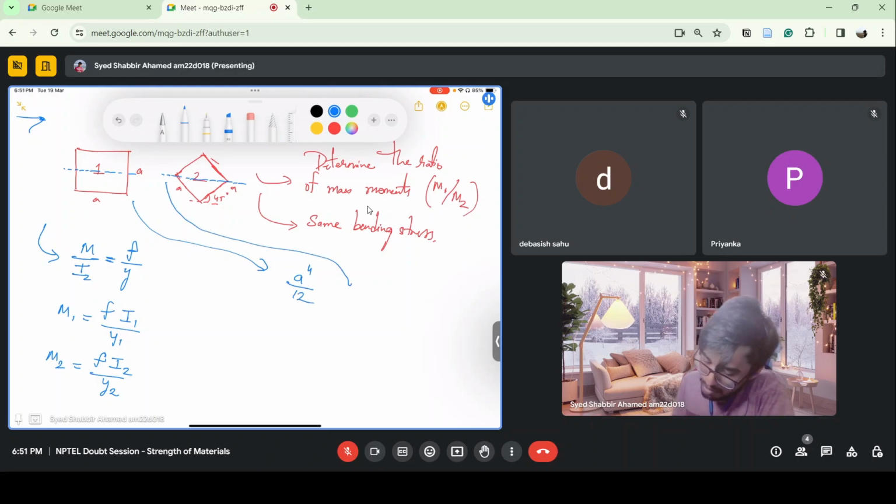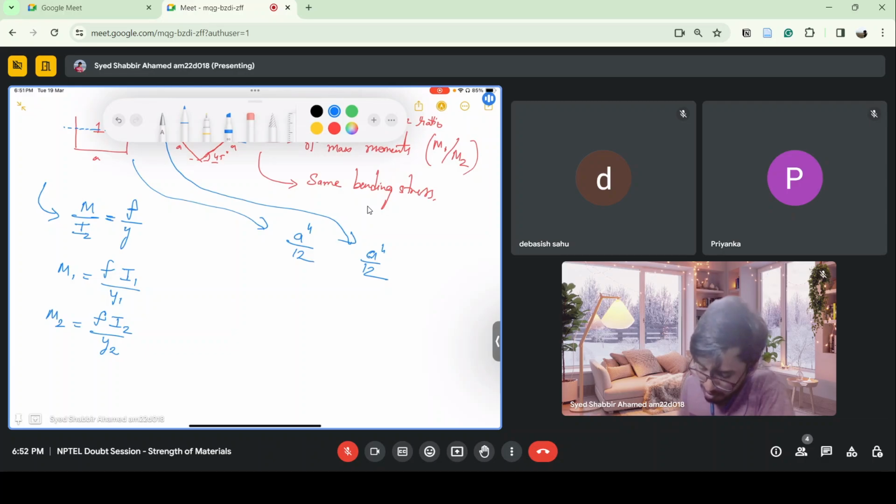For this also it is a power 4 by 12. You can calculate it as you want. You can take two triangles, and about this axis, let's say I have breadth B and height H.